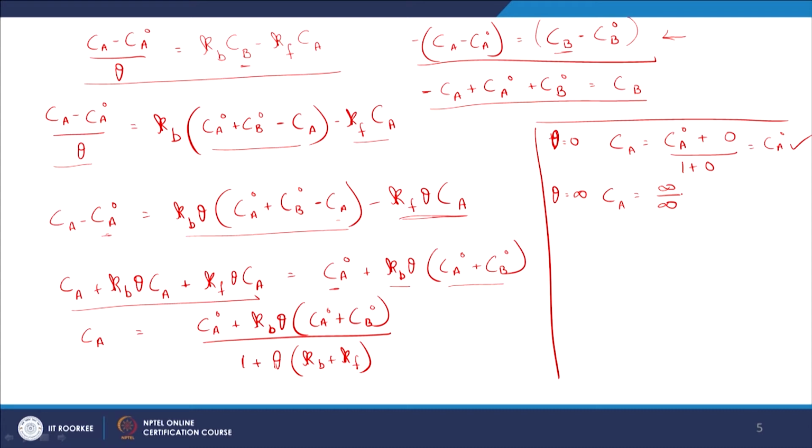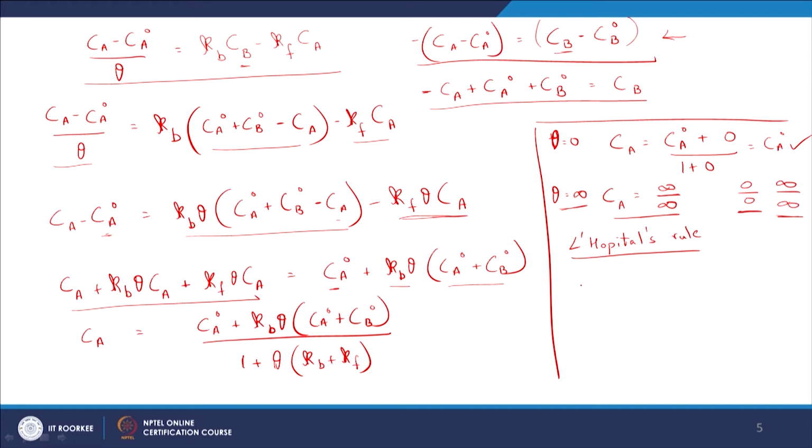Whenever you are trying to look at the limit of an equation, and you have it in the form of either 0 by 0 or infinity by infinity, we are going to consider L'Hopital's rule. We consider it when we are looking at the limit of a variable and we end up with 0 by 0 or infinity by infinity.